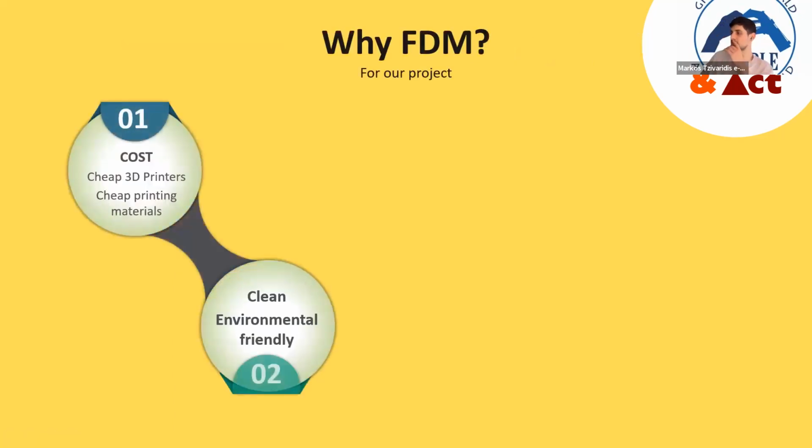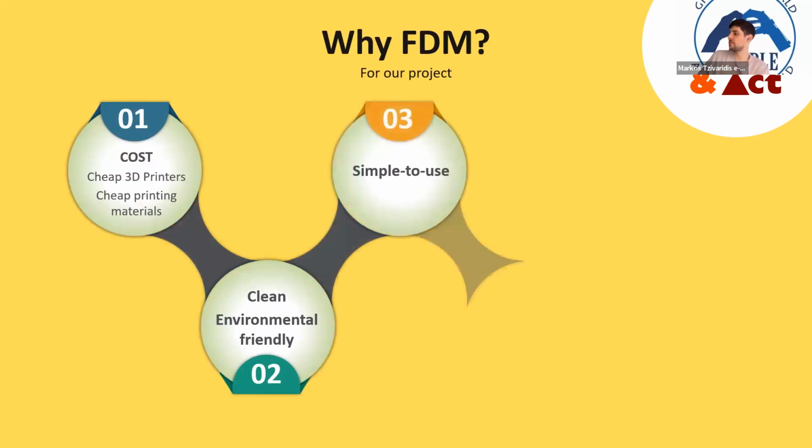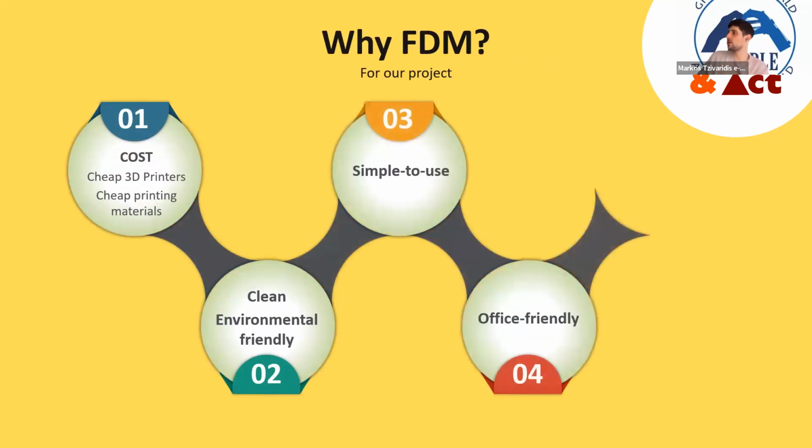Now, FDM seems to be the most suitable 3D printing technology we can use for a homemade, let's say, project. And of course, it applies to someone who wants to be an artist and create something with art. First of all, it's mainly the cost of the 3D printer and the cost of the materials. You can easily fail several times without worrying about the cost of the materials wasted.